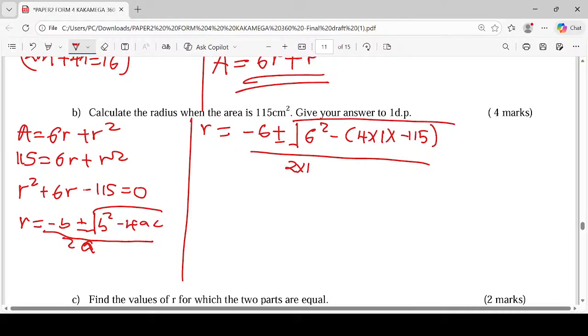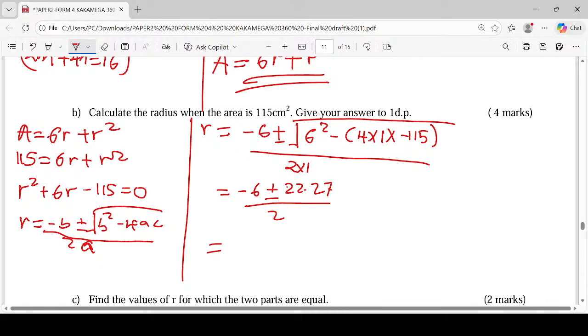So this will be negative 6 plus or minus the square root of that, which is 22.27, divided by 2. The first value is negative 6 minus 22.27 divided by 2.